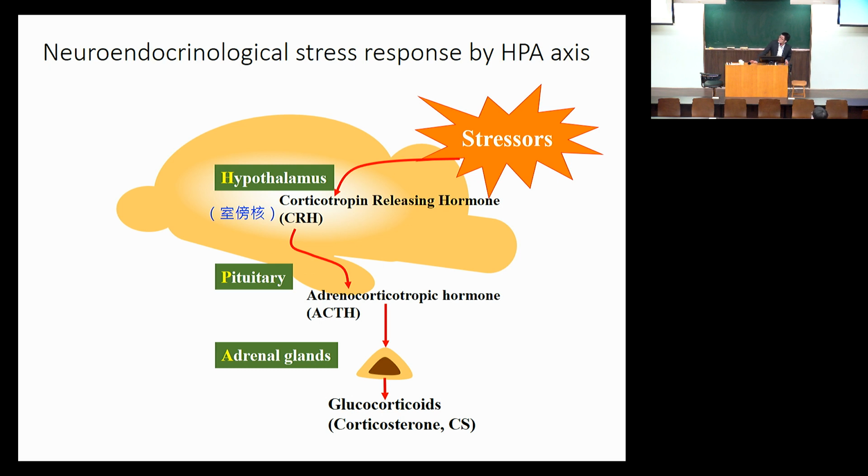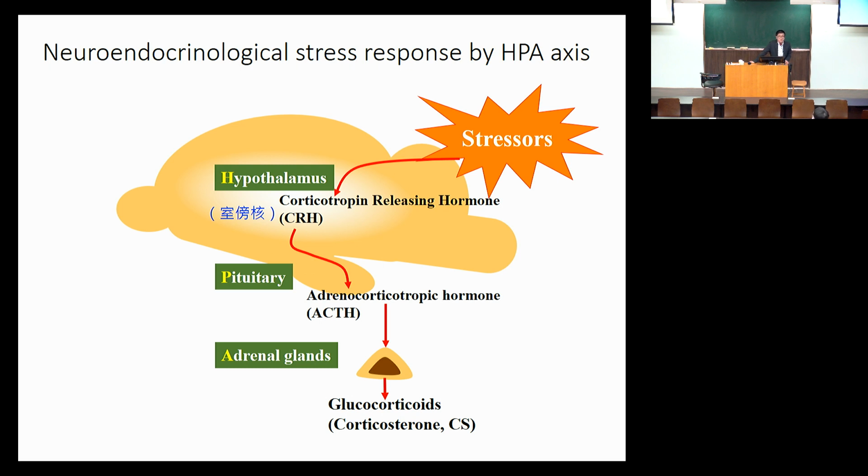First, let me explain the hormone stress responses. The neuroendocrinological stress response is controlled by the HPA axis. H means hypothalamus, P means pituitary, A means adrenal glands.